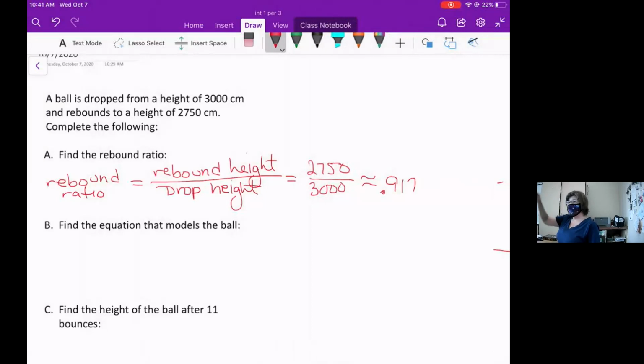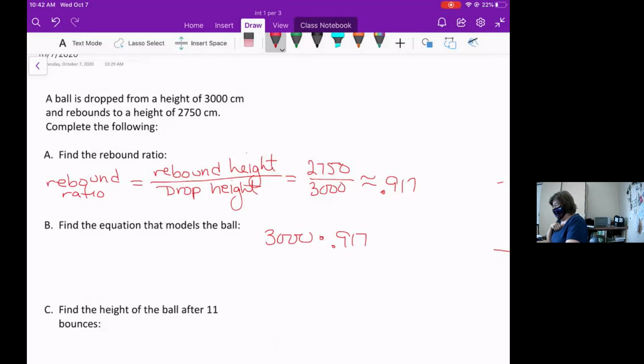So if we think about the ball, it's going to come back up here. Now to get the second bounce, it's going to be 0.917 of where it's at right here, and then 0.917 of where it's there, consistently. So when I'm repeating the same multiplication, if it's originally 3,000, I'm going to take it times that 0.917 to get the first bounce, right?